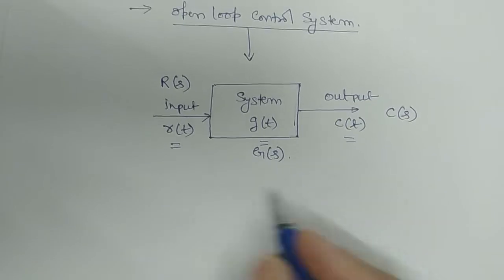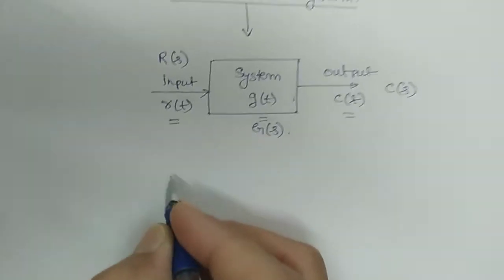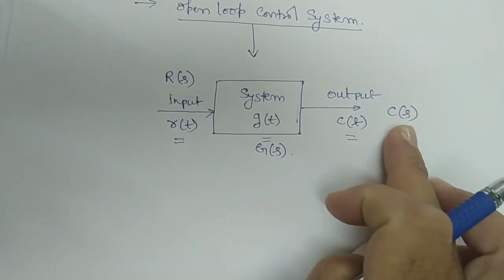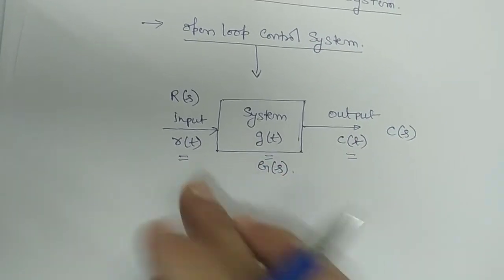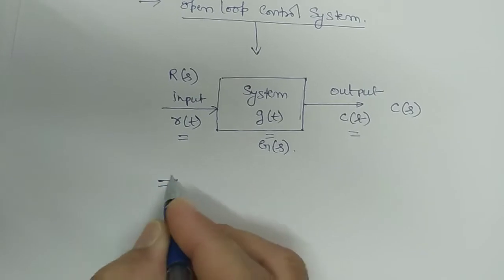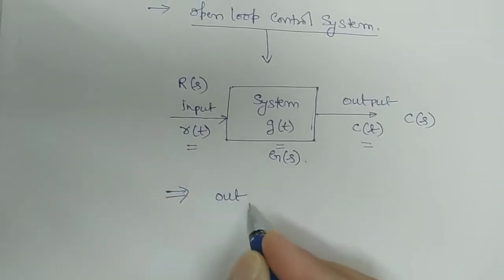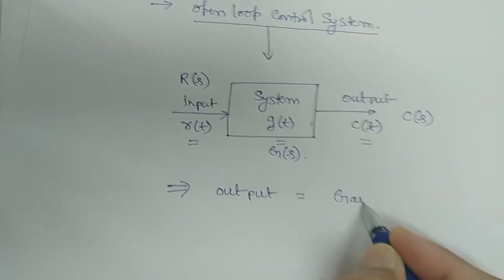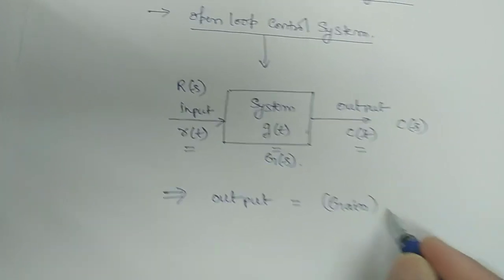As I have explained in the last class, now you can write the relation between output, gain and input. Output is equal to gain into input.